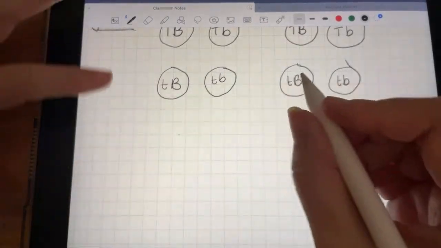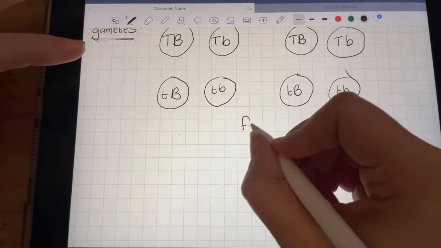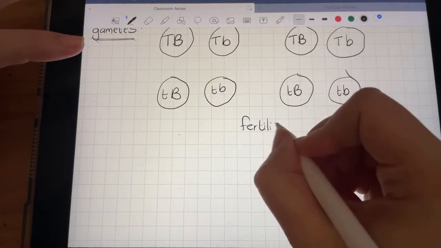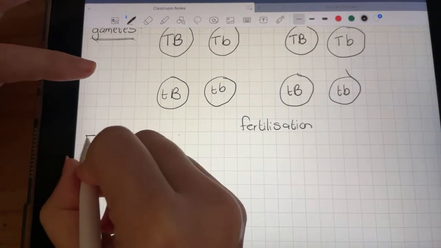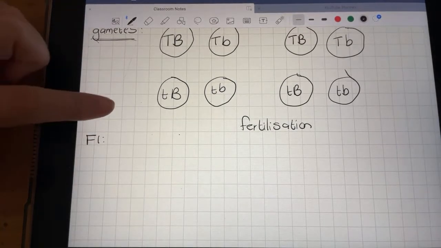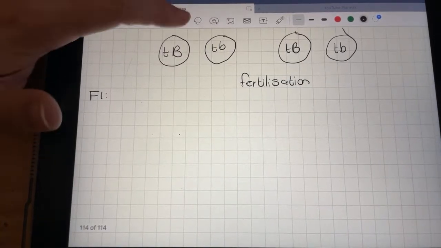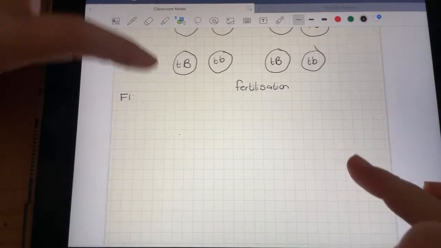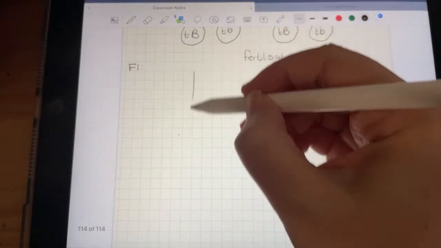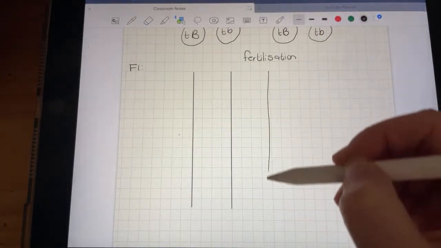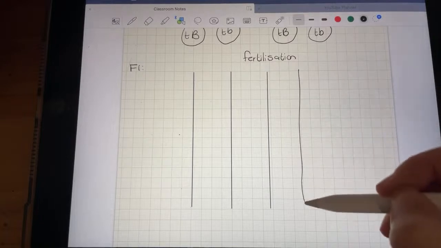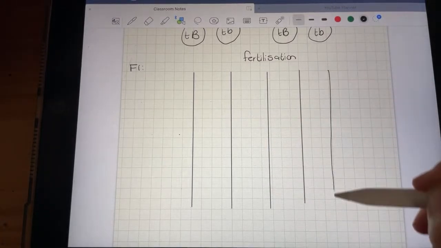Right, now we scroll up. We go fertilization. That's important. That must be there. We now go in the margin here, F1. And now we draw our enormous Punnett square. So I'm going to just zoom out a bit. One, two, three, four. Here's the fourth one.